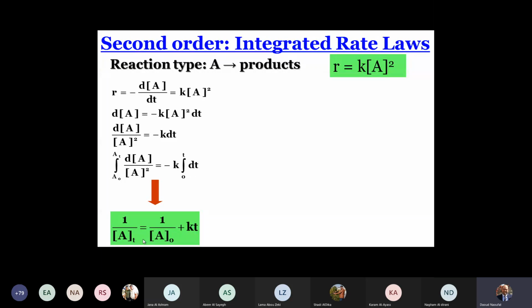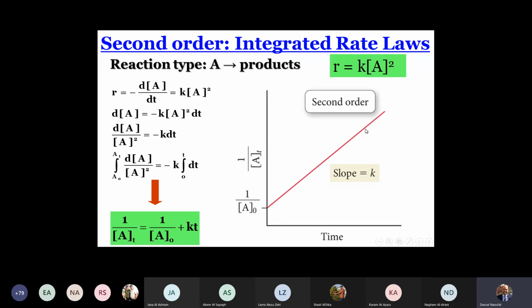So 1 over At equals 1 over A0 plus kt. If we draw 1 over A as a function of time t and we obtain a straight line, the slope of the line is k. So this relation is justified and our reaction is of second order.